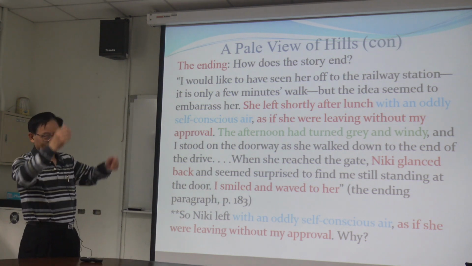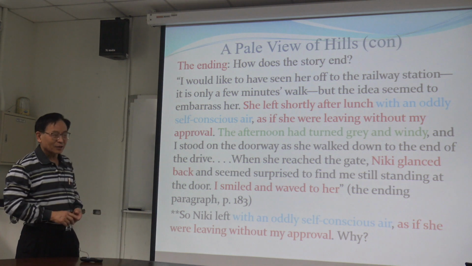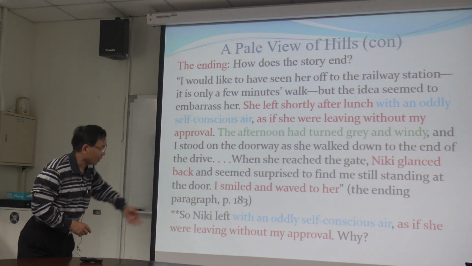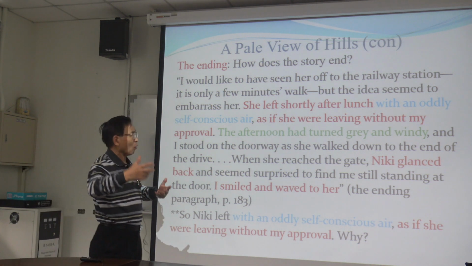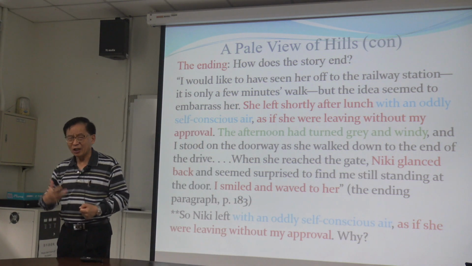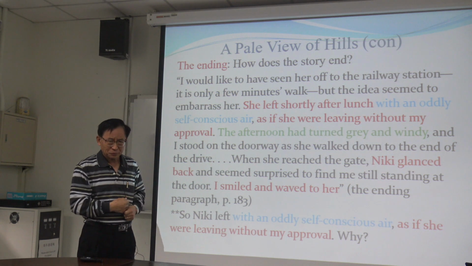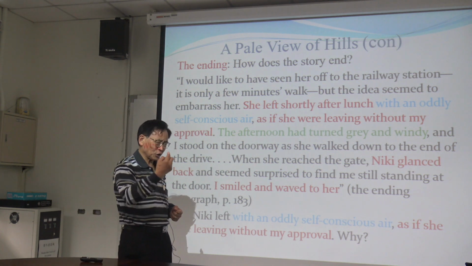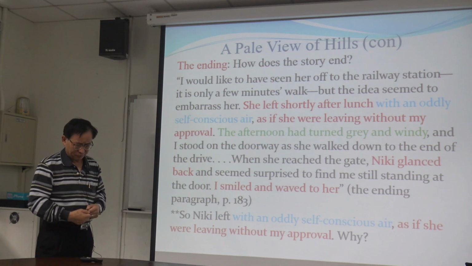And you see what happened outside. How about the weather? "The afternoon had turned gray and windy." This is the weather, gray weather, windy weather. Don't forget why the author in particular mentioned the weather when the novel is about to end. You remember in the beginning, when Nikki arrived to see the mother, the author also mentioned the weather.